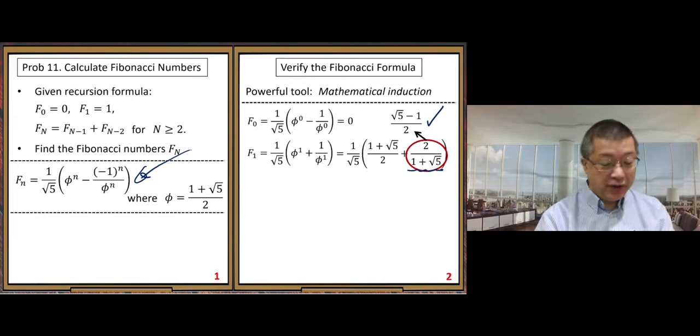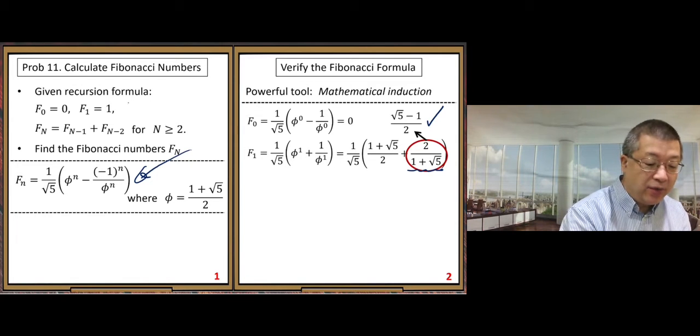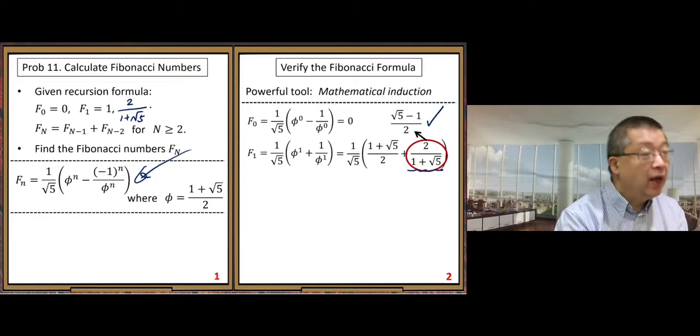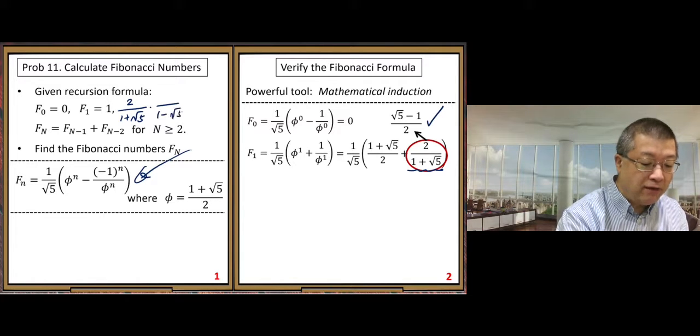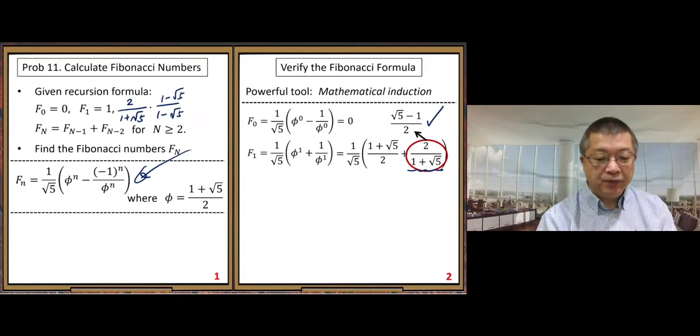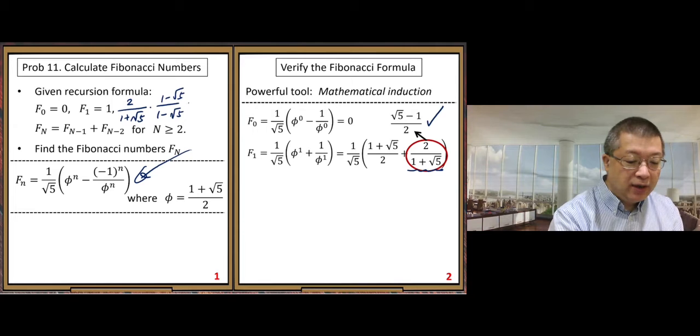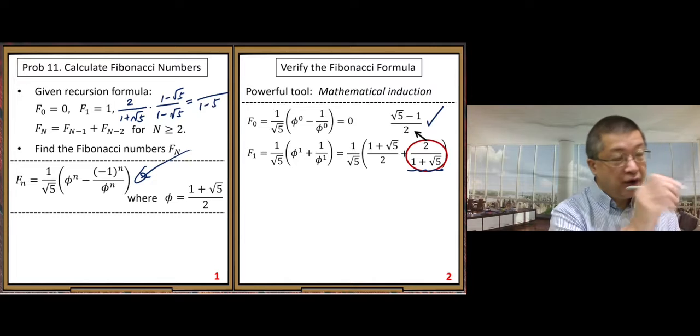It's pretty easy. The standard way we use to make this change: we multiply by the conjugate of this number, 1 minus root 5. When we simplify it, remember a squared minus b squared?